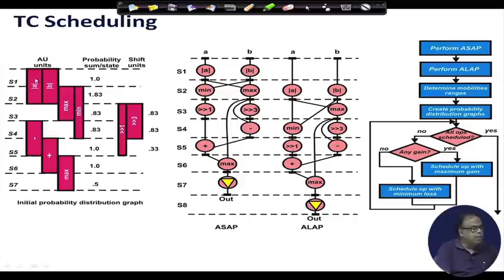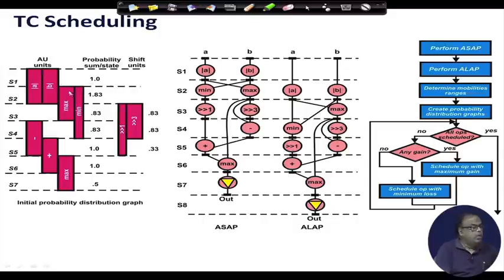So, both of them are possible, right. What about B? B can also be scheduled either here or here. So, each of them is contributing 50% probability. So, at this step S1, the probability sum is 1, because either this will be scheduled or this will be scheduled.